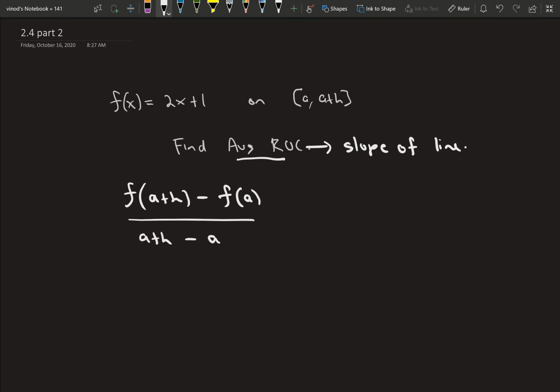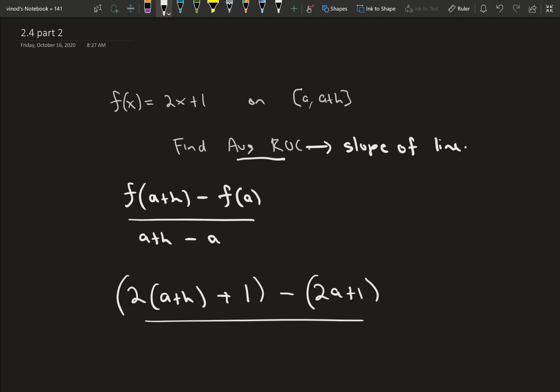So what is f(a + h)? This is 2 times (a + h) plus 1. So that's f(a + h) minus (2a plus 1). Remember that we have to distribute the minus sign on the entire f(a), divided by, and then we have the a's canceling, and we have an h at the bottom.